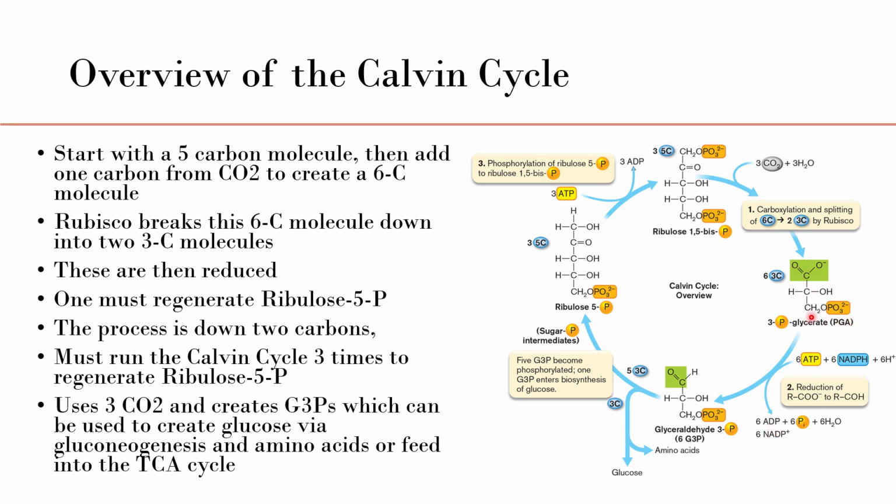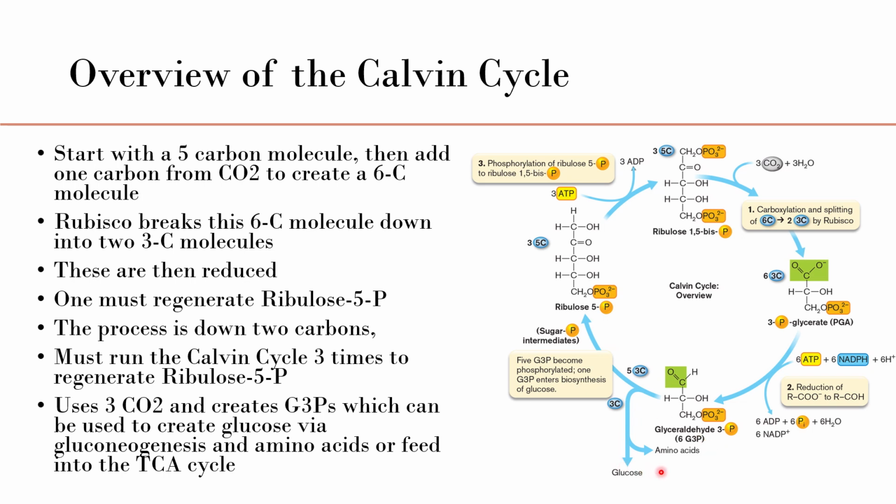These 2 3-carbon molecules go through a series of redox reductions. And remember, when we reduce something, we are adding energy to it in the form of electrons. So we're adding energy to these 3-carbon molecules, and we get to a final product here of G3P.